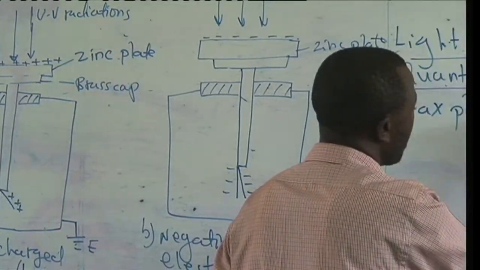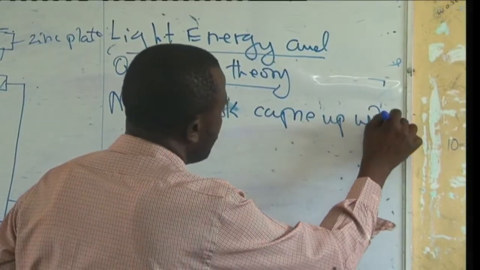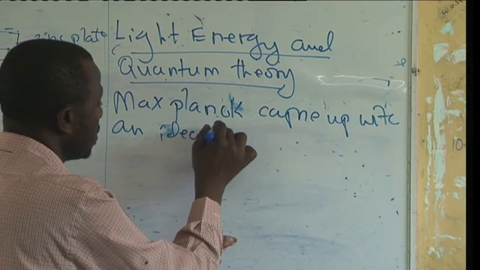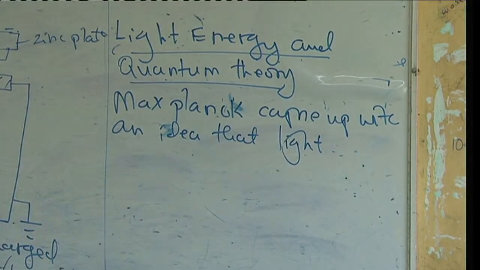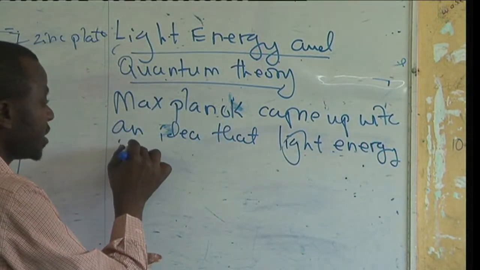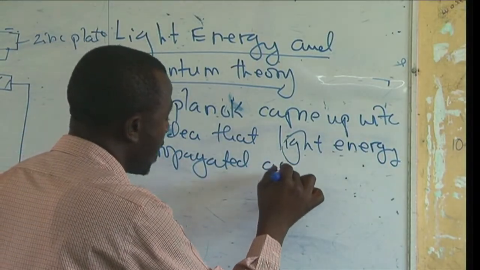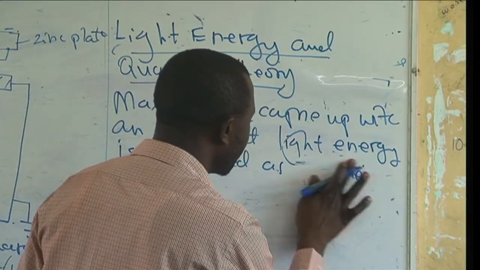Max Planck came up with an idea that light energy is propagated as small packets of energy.